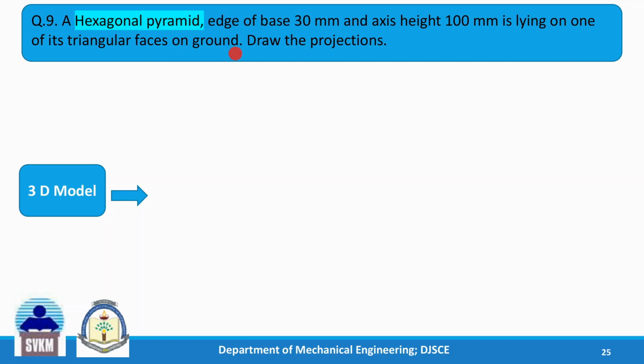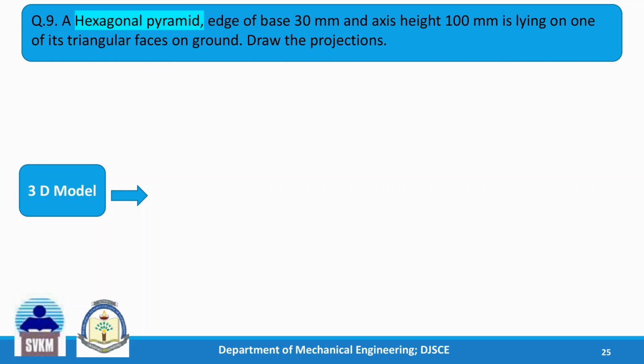As I said, something is on the ground. In that case, you have to take the first step as the axis perpendicular to HP. HP means ground only, so axis perpendicular to HP, that is the first step. And second step, we will tilt it so that the triangular face will lie on the HP, and that is the second and the final stage solution for this problem.